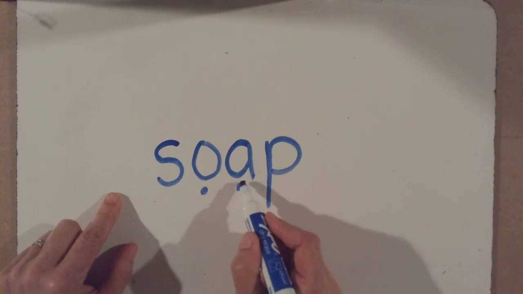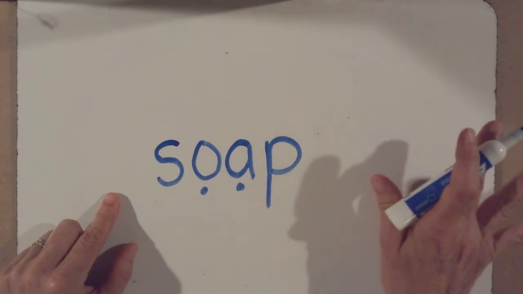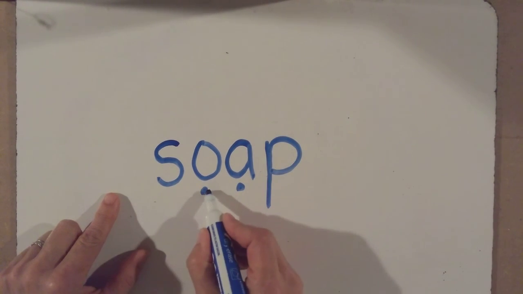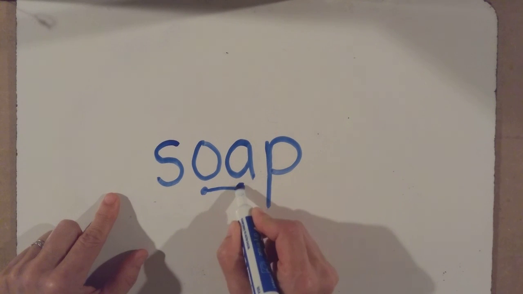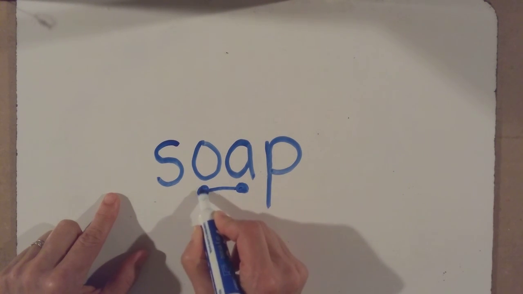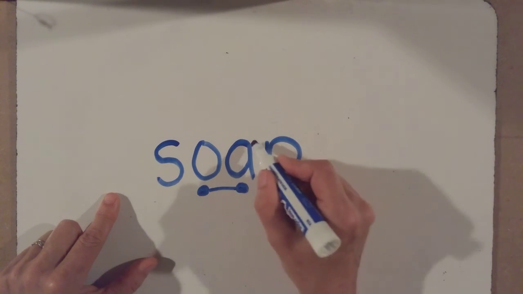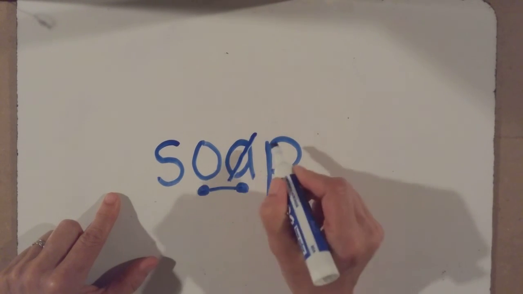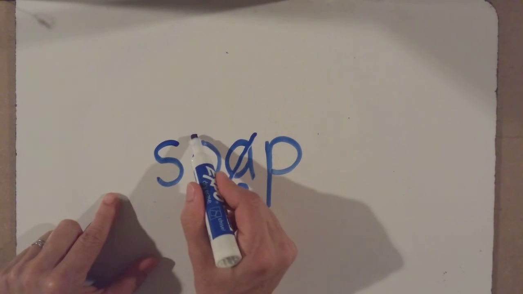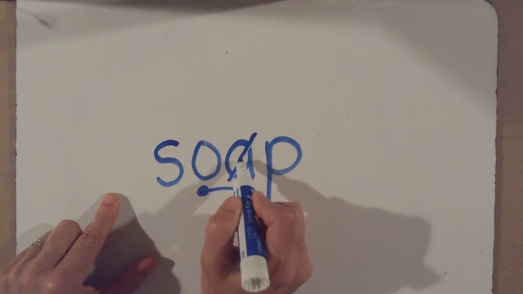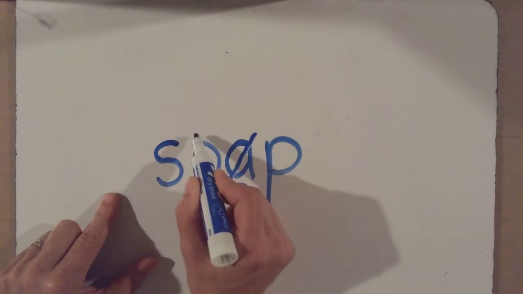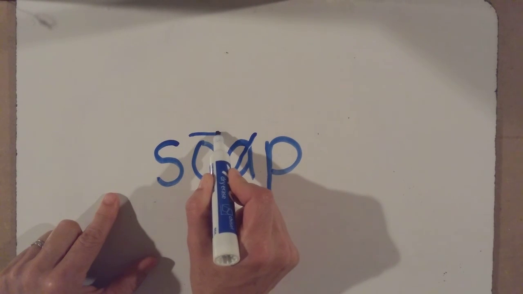Since O is there, A is going to push the door open. I hook these together because they're only going to make one sound, just like our digraphs. But I mark them with the dots first. I cross out the A because she doesn't get to say anything. All A is doing is pushing that door open so that O can say its name.